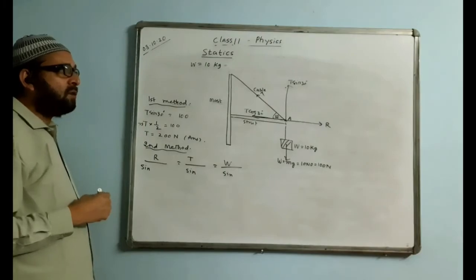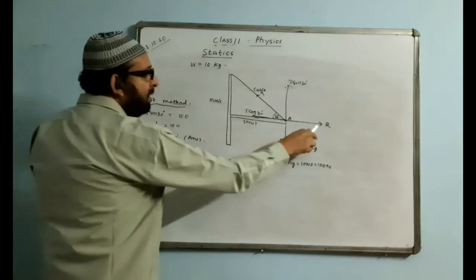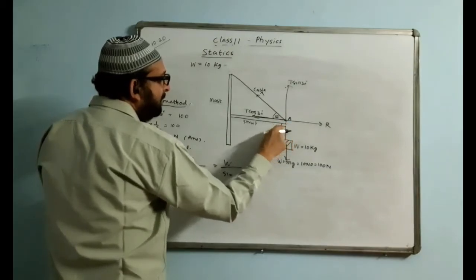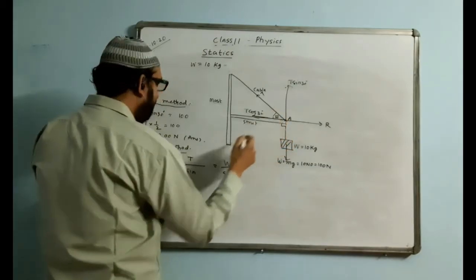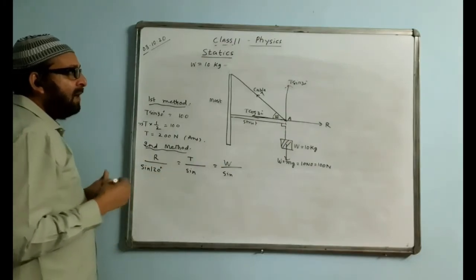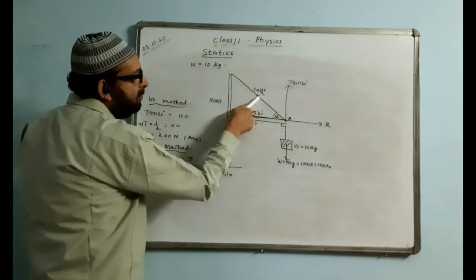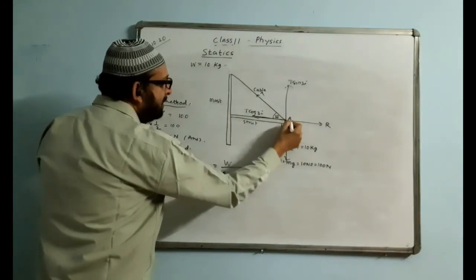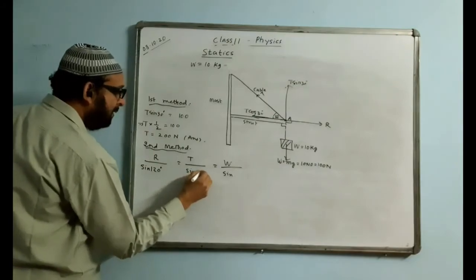I am taking the force R. If you take the force R, check the angle between the other two. The angle between them is 90 degrees and 30, so the total angle becomes 120. Here I write 120 degrees. I will take T. Then you take the angle between the other two, between W and R. That is exactly 90 degrees. Here write 90 degrees.